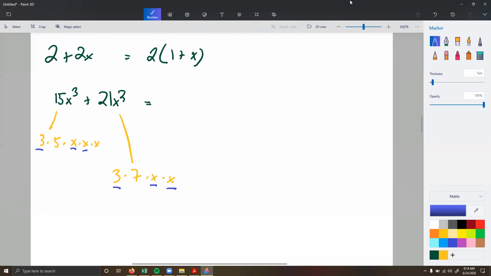So 3x squared comes out. Now, think about what's left. You can look at your list and say, oh, I left a 5 and an x on the first term. So that's going to be 5x. Over here, I just left a 7. That's it. So all that's left is plus 7.